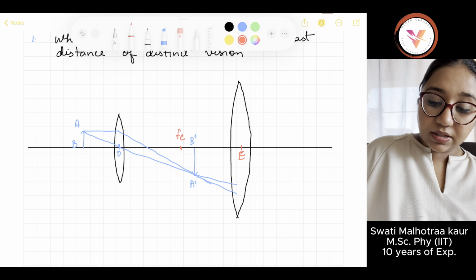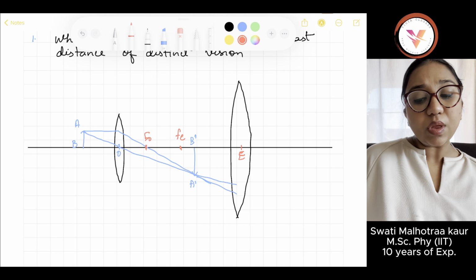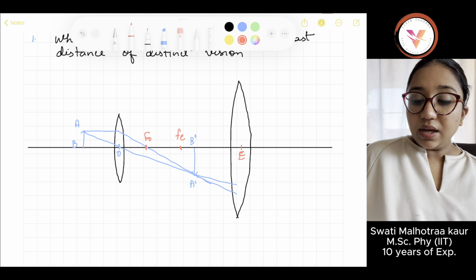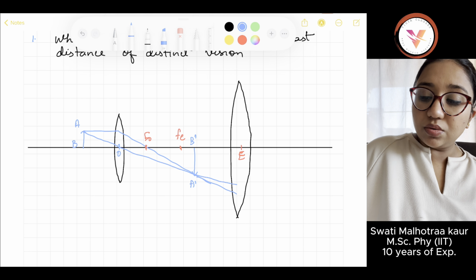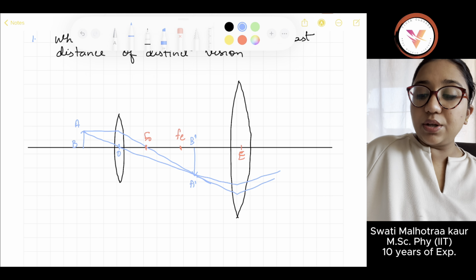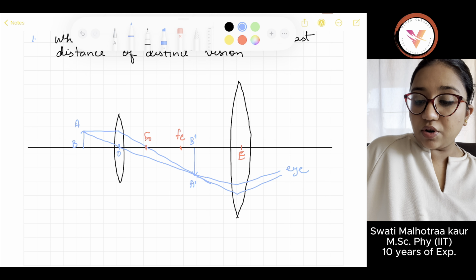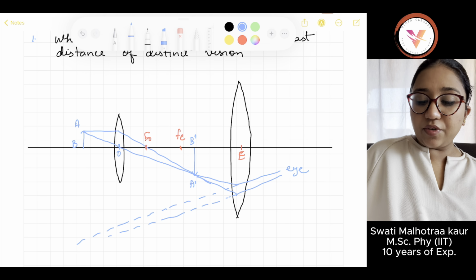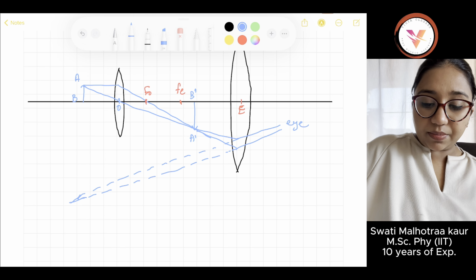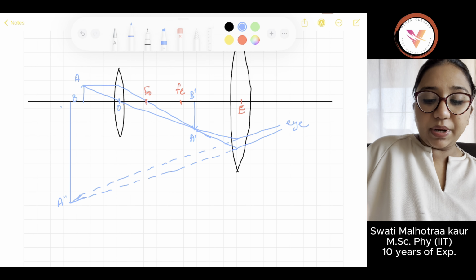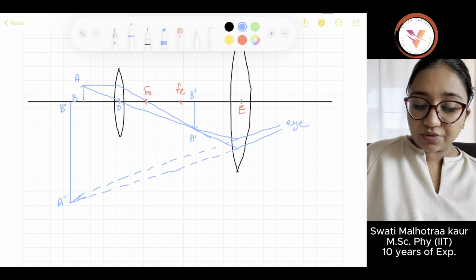Okay, and this is your objective focal length. Fine. And when these rays pass through the eyepiece and you see this again from eye and you extrapolate it in a backward direction, it somehow meets somewhere behind this object. Just remember that, which is your final image A double dash B double dash, and it is formed at least distance of distinct vision.